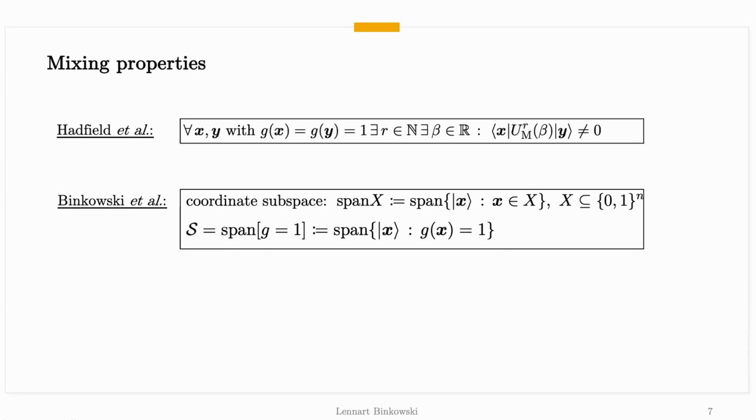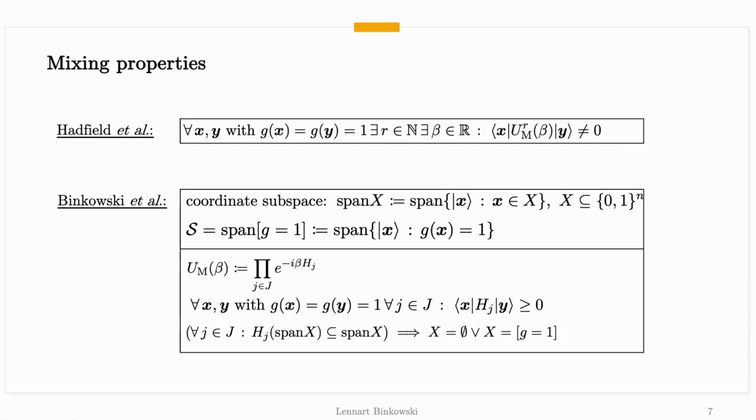One example of such a coordinate subspace is, of course, the feasible subspace, which is simply the span of the set of all bit strings which fulfill the constraints, so those where the function G equals 1. Furthermore, let's restrict the mixer to be a product of individually exponentiated Hamiltonians Hj. Then we demand that for all pairs of feasible bit strings x and y, the overlap of Hj applied to y with x should be greater than or equal to 0.